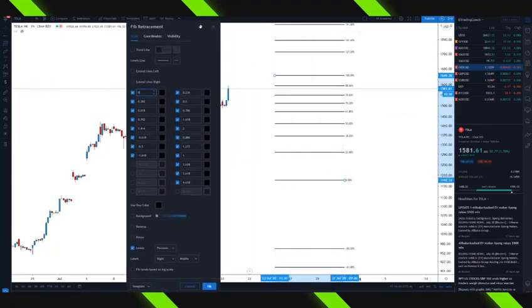And if you are wanting to mirror the settings that I've personally used within this video, you can feel free to do that. We've got some of the significant ones on here that most traders use, such as the 23.6, the 38.2, the 50%, the 61.8.